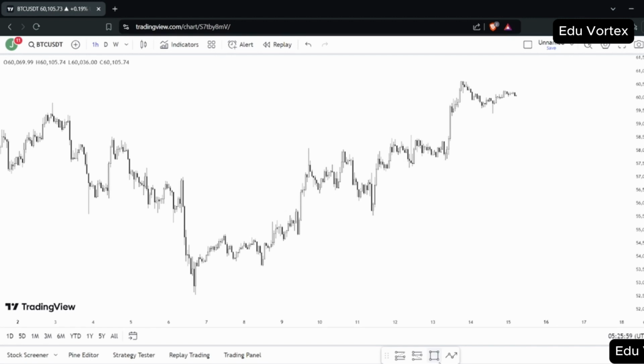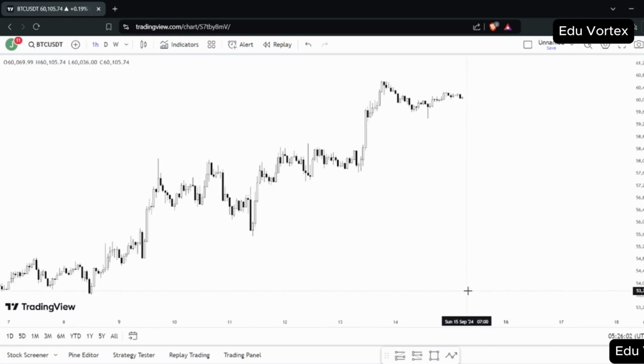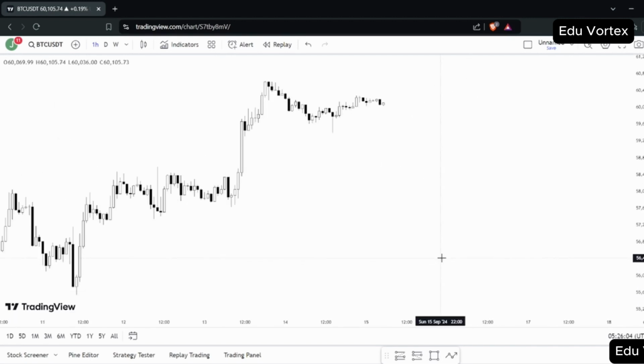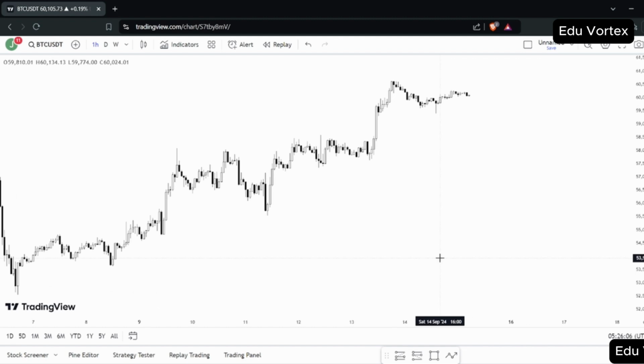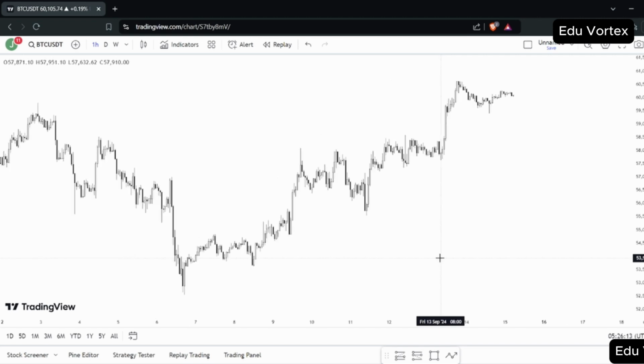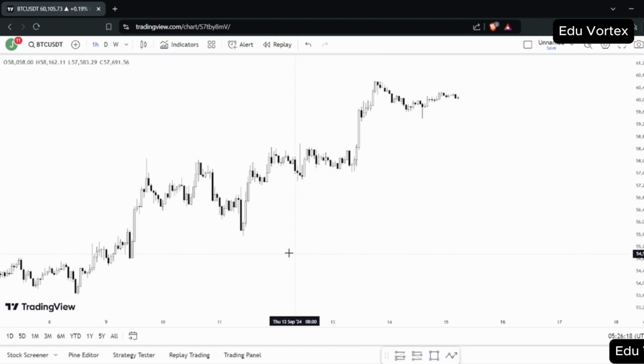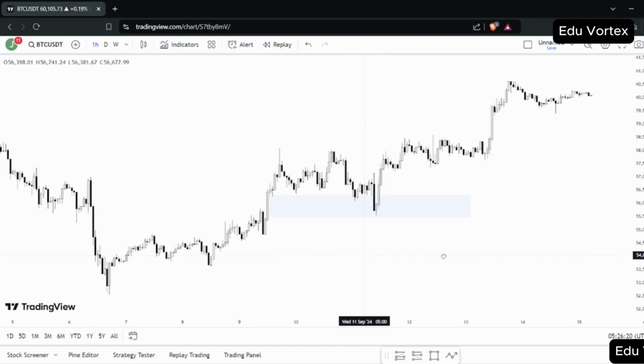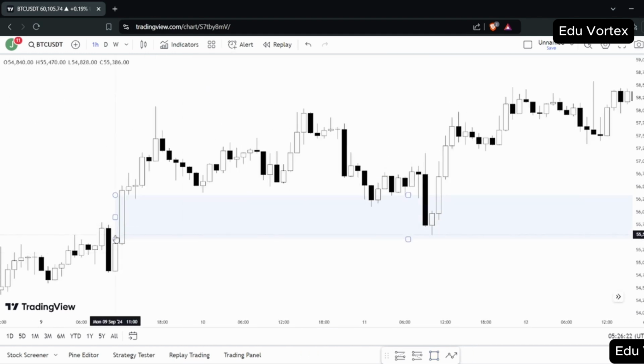Now we're going to be talking about fair value gaps. What's a fair value gap? A fair value gap is a way of seeing real displacement, real institutional buying or selling. A fair value gap will be the price in which there's no intersection of the 1, 2, and 3 candles.